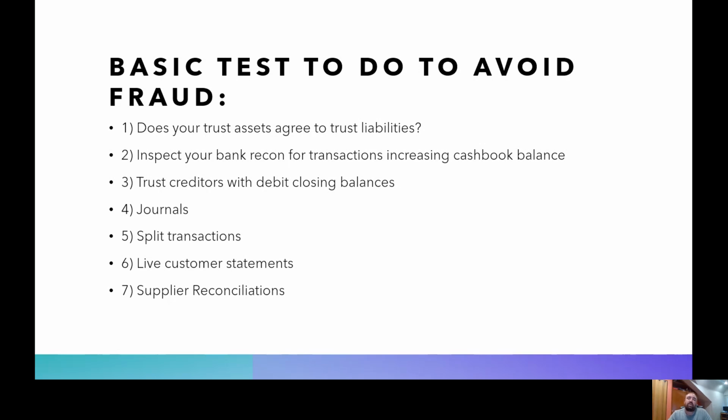The moment you have a debit closing balance, it means you've made a payment on a client's file, but that client did not have enough money in his trust ledger to be able to make that payment. So you've now actually used your other clients' funds to settle the shortfall on that specific client with a debit closing balance. So it is very important not to have debit balances on your trust liabilities.